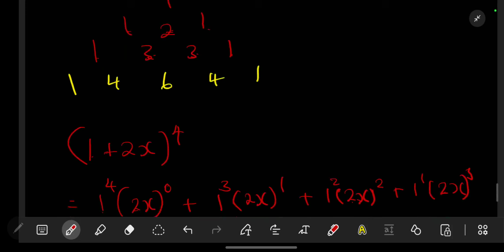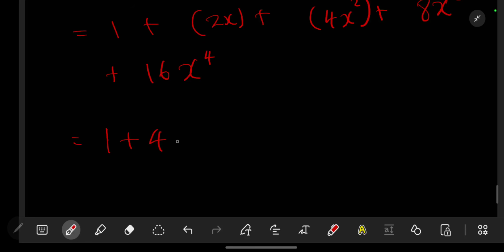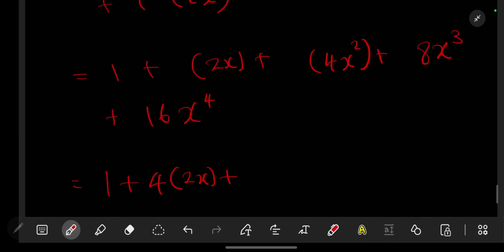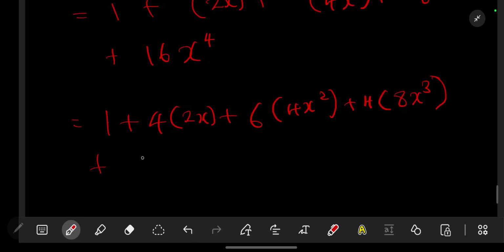The first coefficient is 4, so we have 4 by 2x, plus the next one is 6, so 6 by 4x squared, plus another 4, 8x cubed. Then plus another 4.